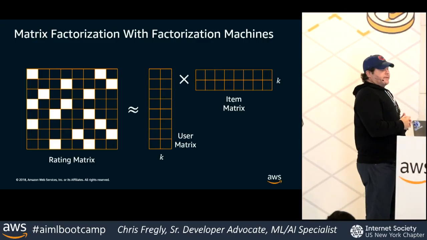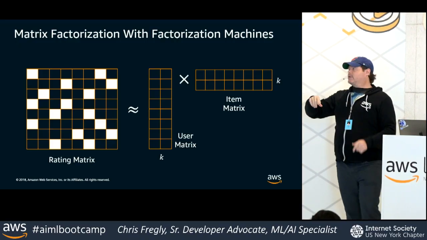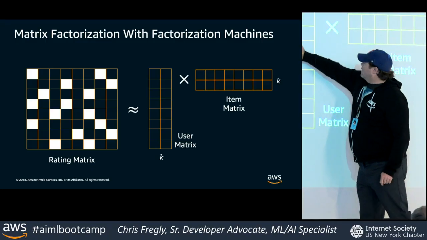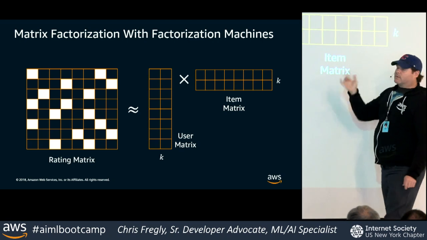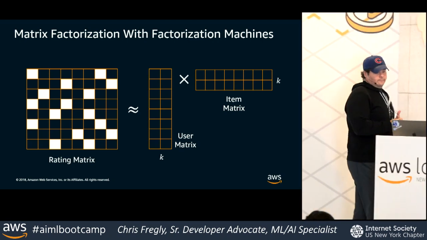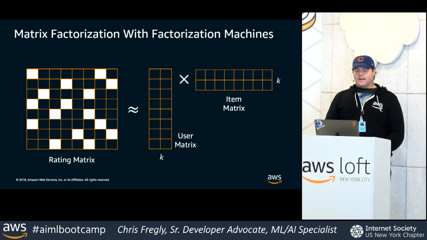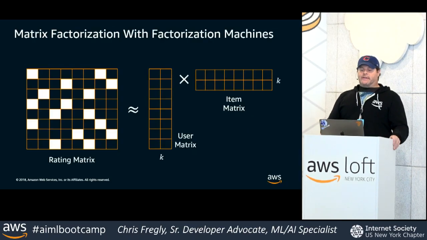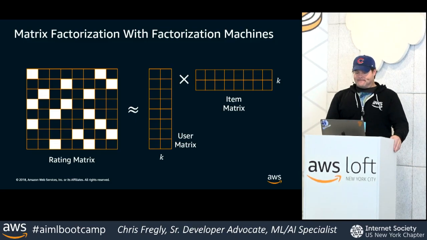And so when this person logs in, you would basically take this entire row, multiply it by all of these columns, sort that, and then figure out the top 50 to show them. There are lots and lots of variations on this, lots of different implementations. In SageMaker, this is called factorization machines. And this is what we'll be doing today.